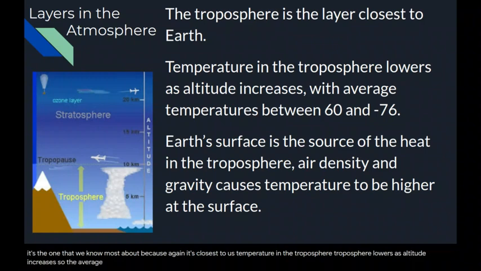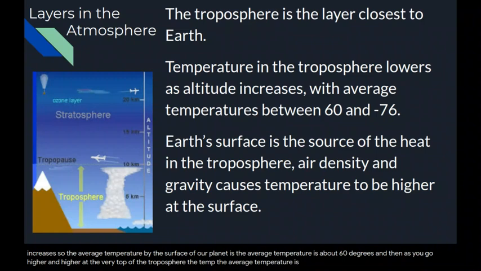The average temperature by the surface of our planet is about 60 degrees. And then at the very top of the troposphere, the average temperature is negative 76 degrees. So that's quite a difference.